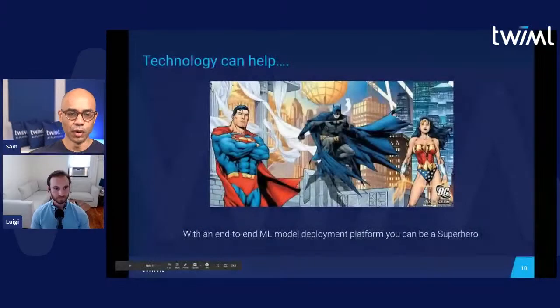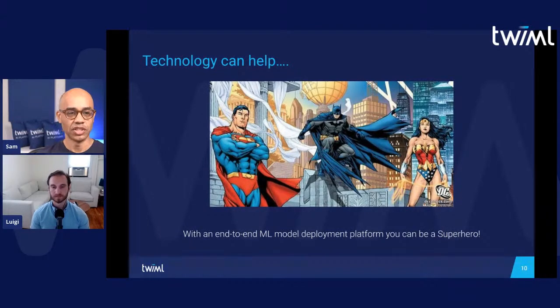And so what we're alluding to here is that there's a role for both a structured process as well as technology to help make this end-to-end data science problem more efficient.